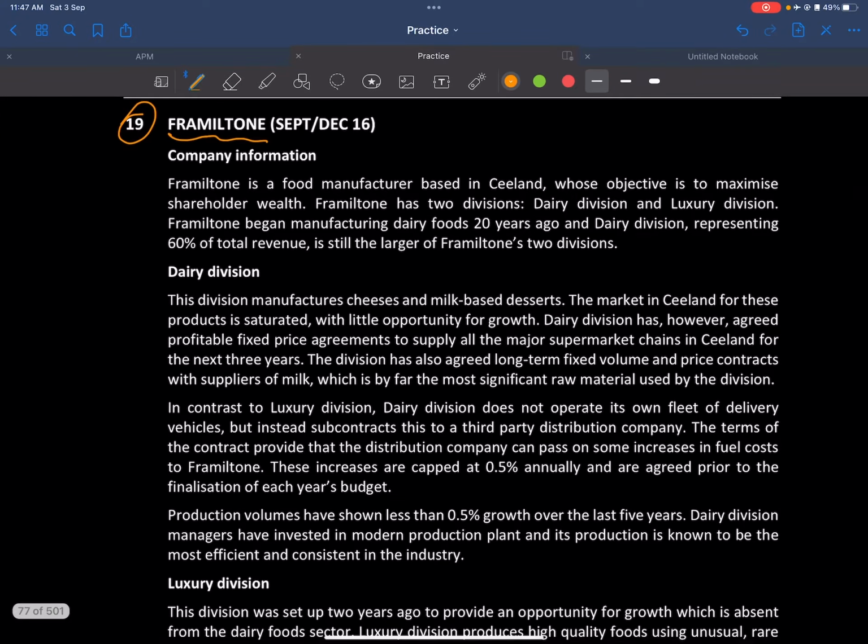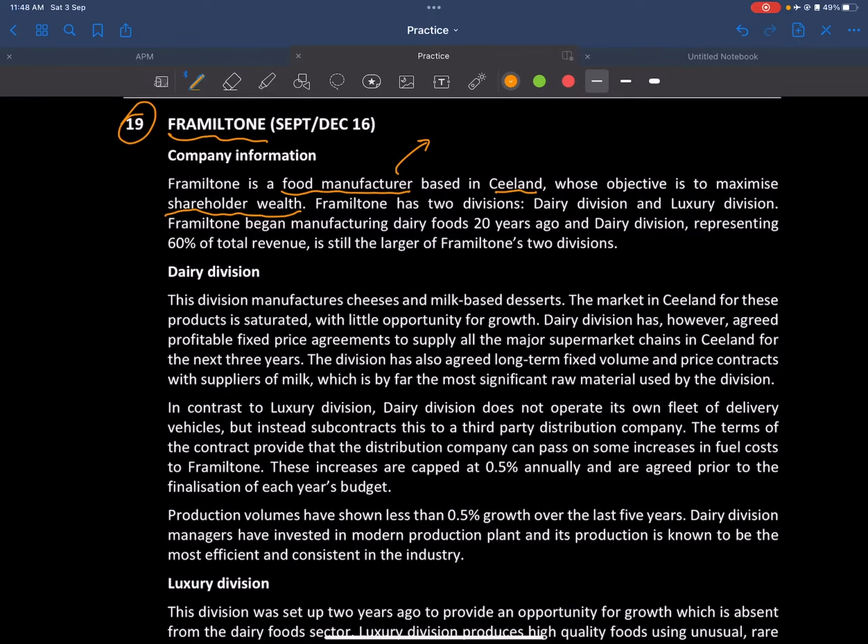So what is Framilton? It's a food manufacturer. Where is it based in? It's based in Zealand. Okay, so very important point, and whose objective is to maximize shareholders' wealth. How could that impact? Let's just see. So food manufacturer, and they want to maximize shareholders' wealth.